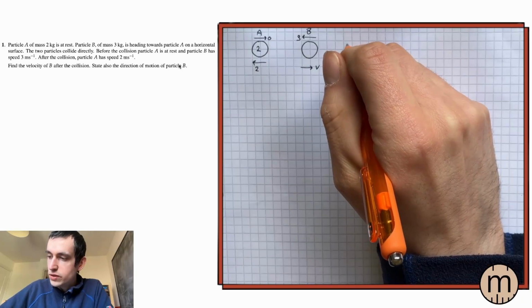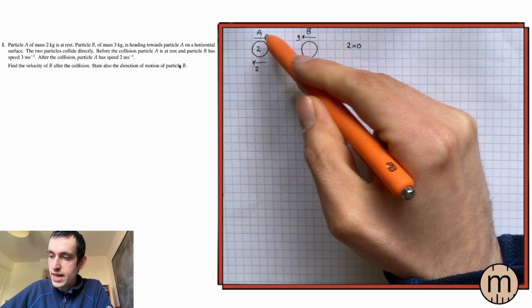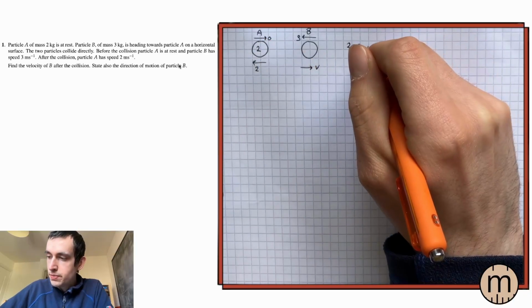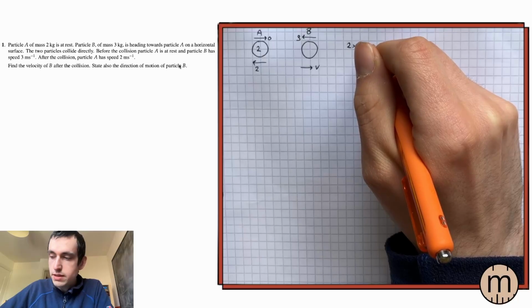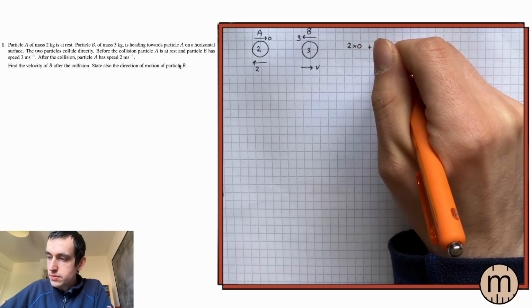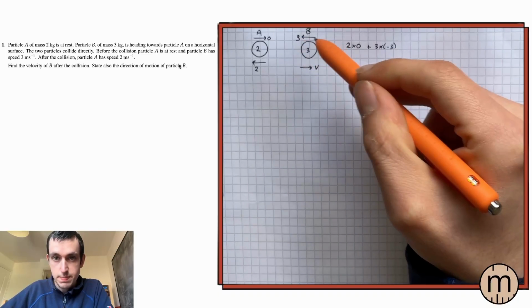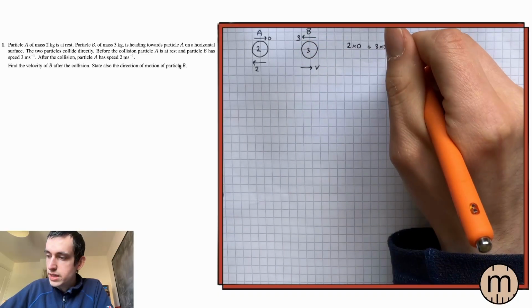So to say it out in full, 2 times 0, the mass of A times the speed of A, plus the mass of B, which was 3, times the velocity of B. The speed of B is 3, but the velocity is minus 3 because it's going towards the left.